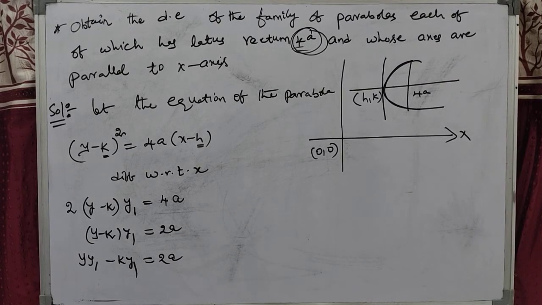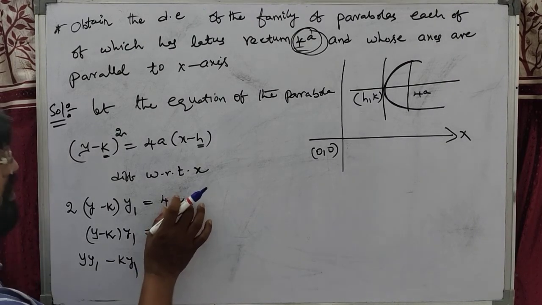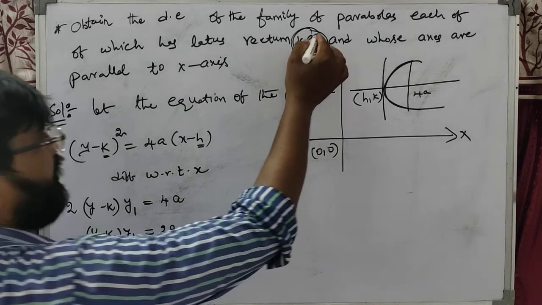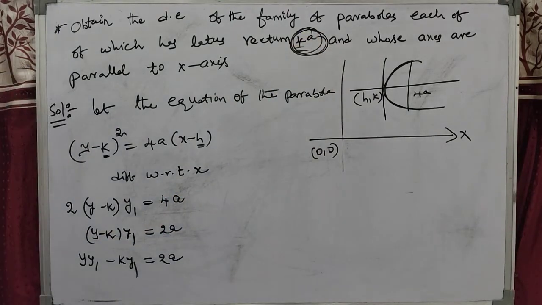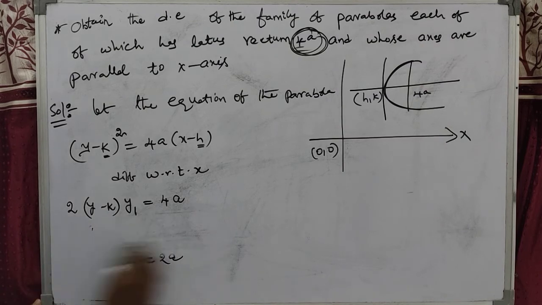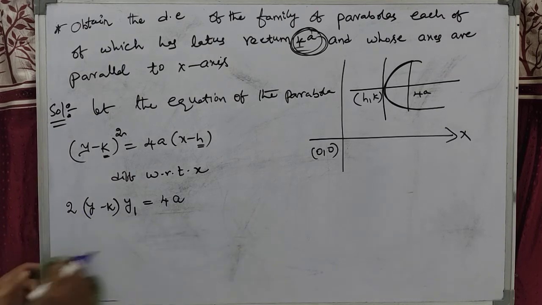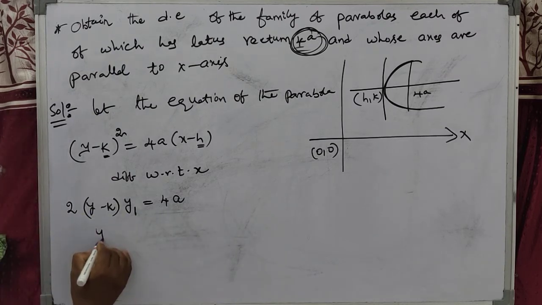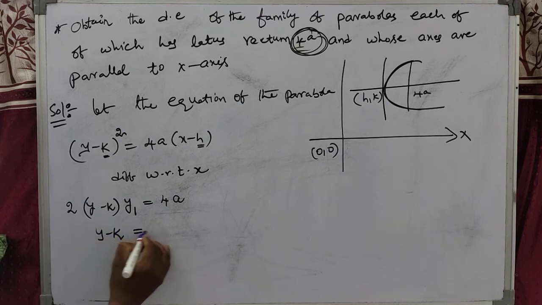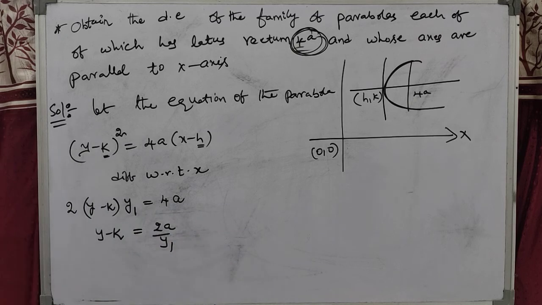One more thing here, the 2a is not an arbitrary constant, students. Here it is given that 4a. Therefore, we can send y1 to the other side. That is, y minus k equal to 2a by y1.